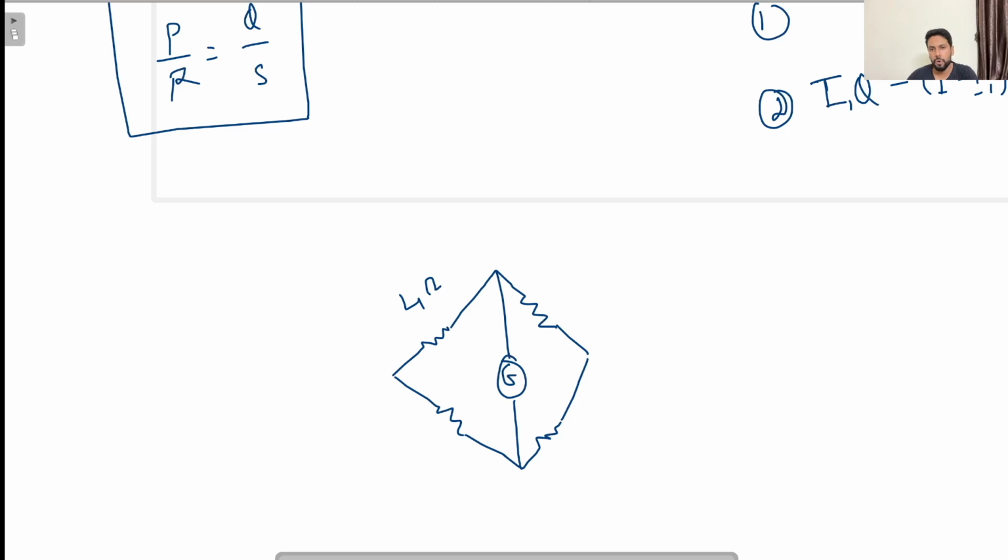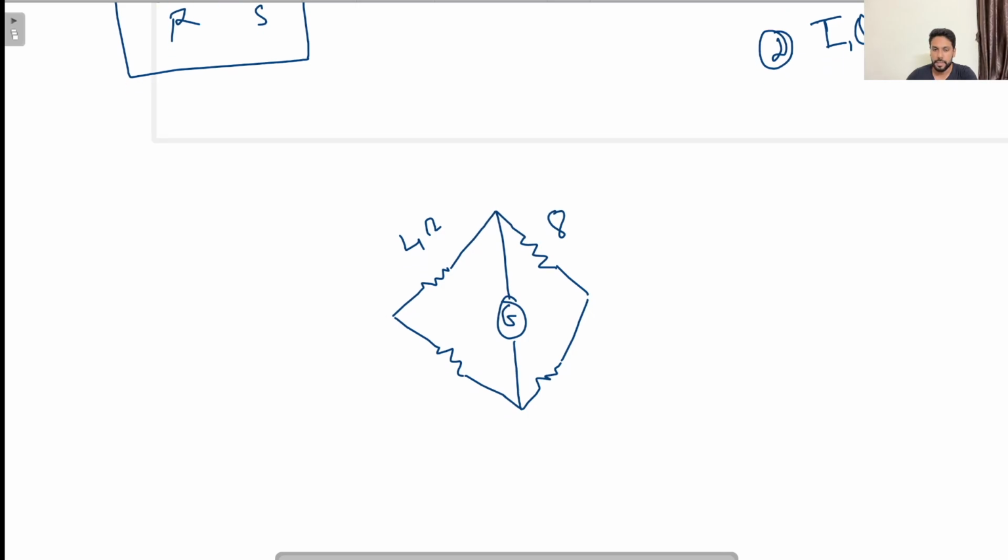So it can be 4, it can be 8, it can be 12, and it can be 24 ohms. Now look here. Now the question here is, if this is my Wheatstone bridge structure, will the current be balanced?